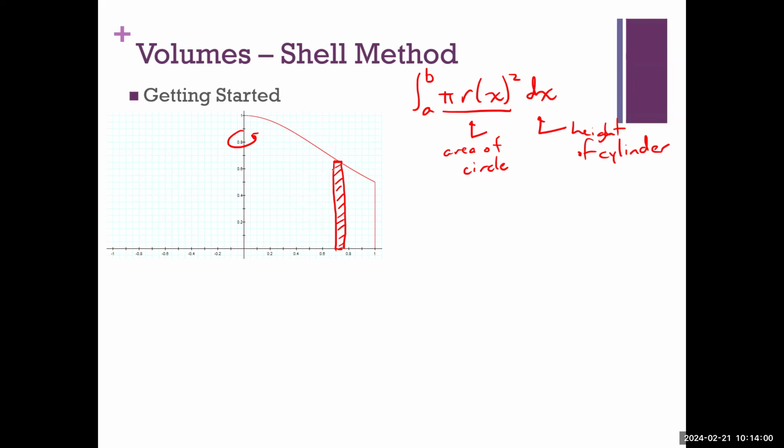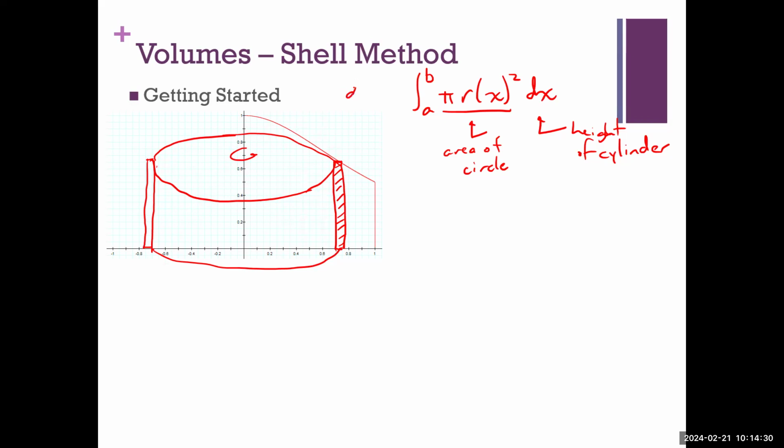It's a cylinder, but unlike the cylinders we've made before, this thing is going to have almost no thickness. The thickness of this cylinder is going to be whatever that dx is. But still, we're dealing with cylinders and we understand how to find their volumes.